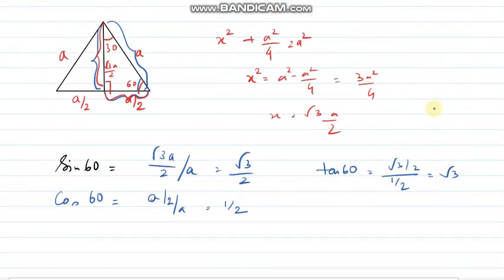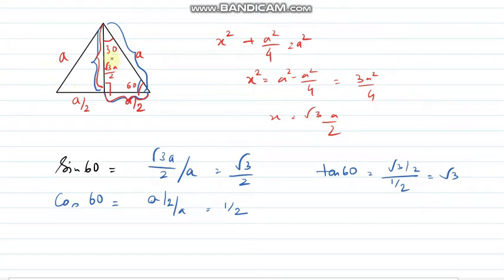Now the same triangle I can use to find 30. So what will be sine 30? Just check, for 30 this will be my adjacent side and this will be my opposite side, right? So sine 30 will be a by 2 divided by a, which is equal to half.